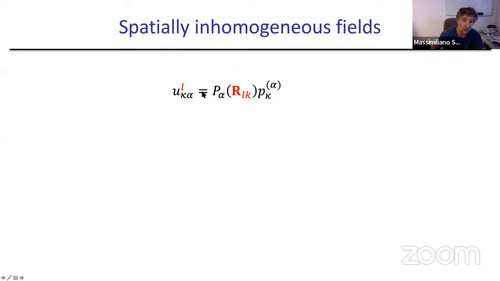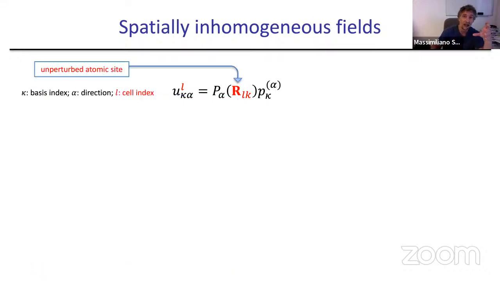And what we do is to choose the following formula, which is associating the distortion pattern ULK alpha as the zone center distortion of the cell multiplied by the amplitude of the polarization field, right at the unperturbed atomic site.